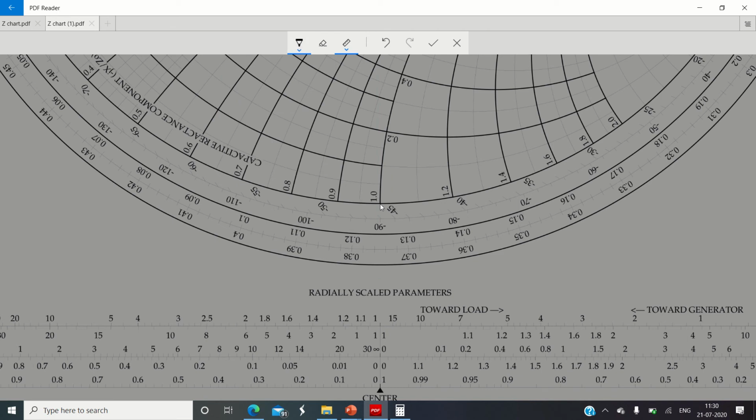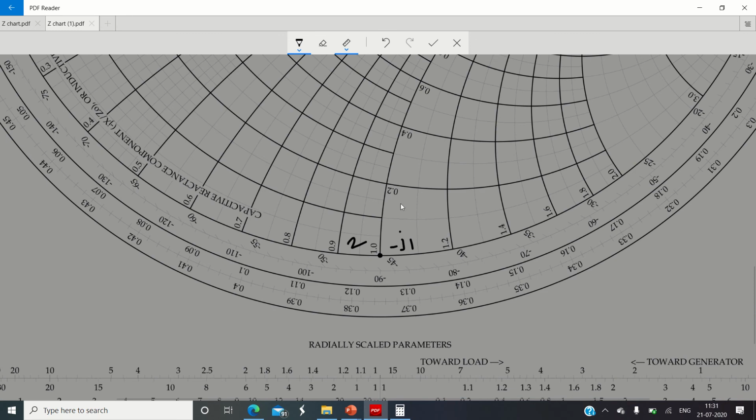Okay, so this point is over here. Okay, so what is the value? You need to also write this value. The value is minus J1, and what this indicates? This indicates point number 2. Okay, so the value of this point number 2 is only a susceptance. It has only an imaginary value, no real value. So that's why it comes on the periphery.